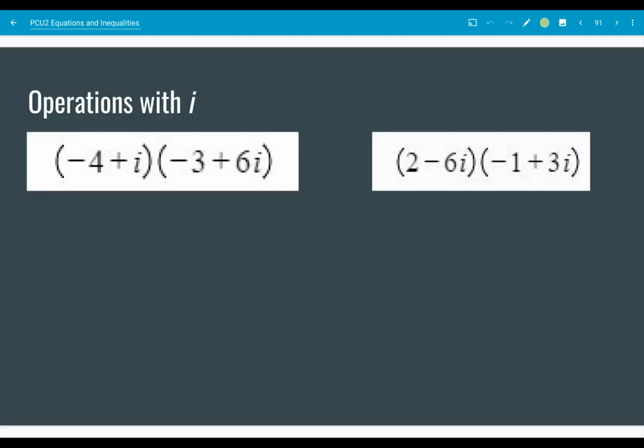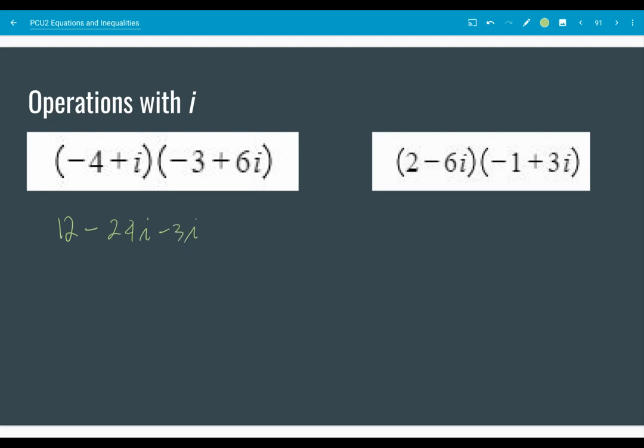When we have binomials, when we're doing multiplication, it's just as if it was a variable and we were going to do the distributive property. So this one is going to be 12 minus 24i minus 3i.